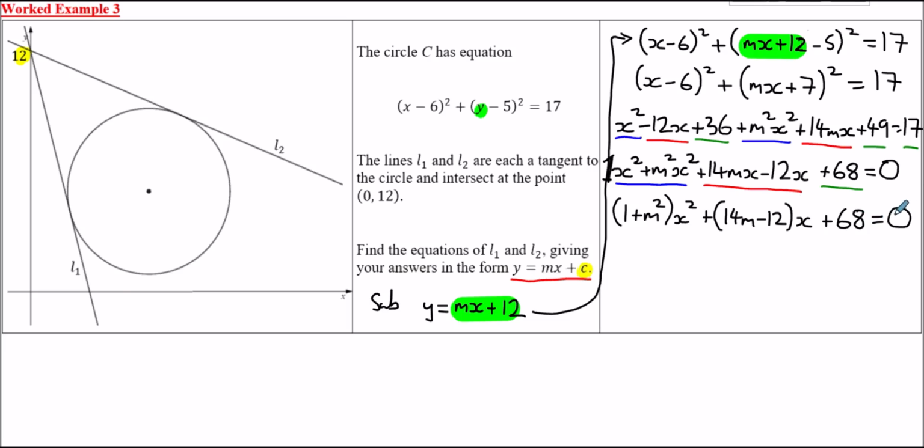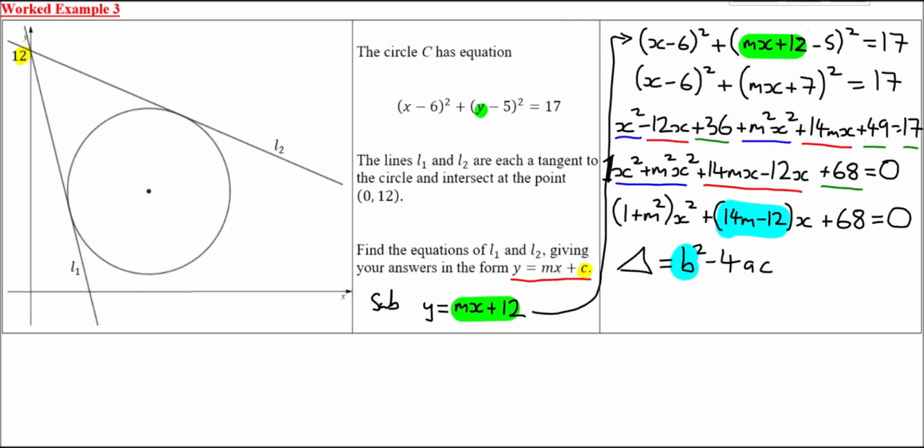equals 0. We can now work out an expression for the discriminant of this, and because L1 and L2 are tangents, we know the discriminant has to equal 0. So for this awkward looking thing here, the discriminant is going to be b squared minus 4ac, where b is the coefficient of the x's, and so we know here that b has to be 14m minus 12.